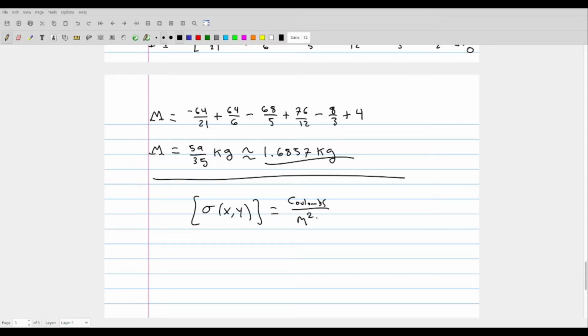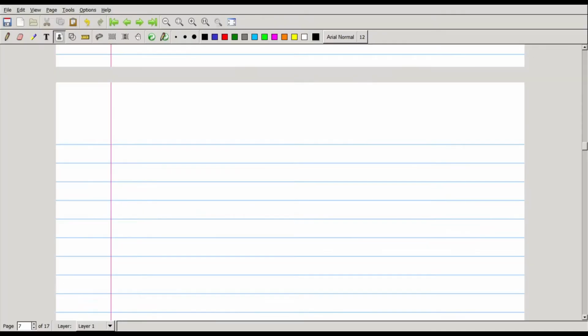So this is the first two applications that we have for the double integral.